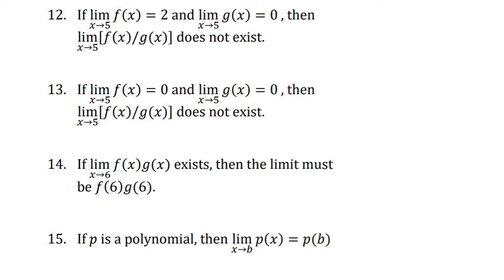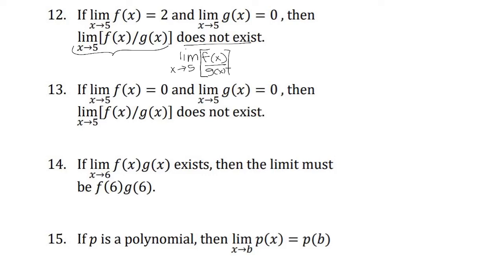Continuing on with our true and false statements here, notice this first one, or number 12, we have the limit as x approaches 5 of our function is 2. So notice right here, if we're talking about dividing this up, we need to see, well, is it not going to exist? So we have the limit as x approaches 5 of f of x over g of x.